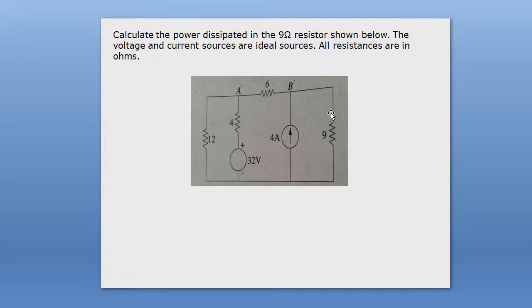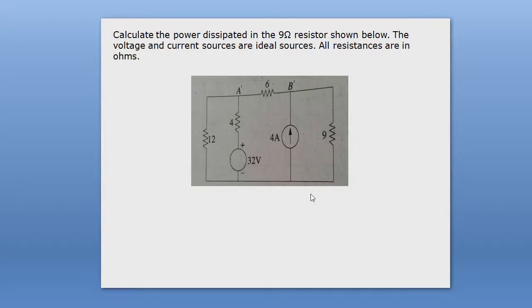The question is: what is the value of the power dissipation for this 9 ohm resistance? Okay, so you know the power is nothing but the product of I and V, or you can say I square R, the product of the square of current and the resistance.